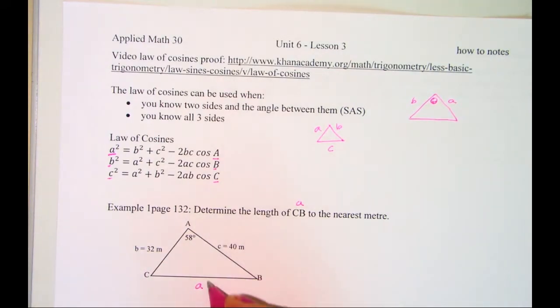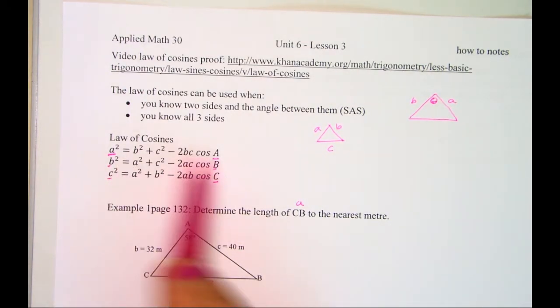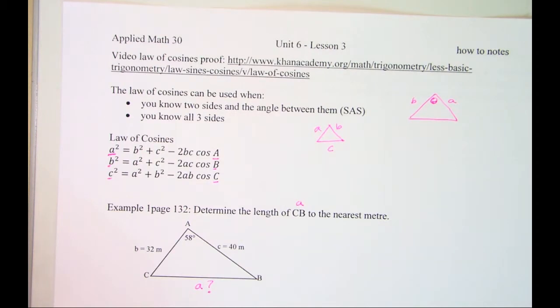So we want to find side A, and we want to use this formula right here because it's for A. So I have A squared equals, and I'm just going to write out the formula. Then you just plug in the numbers and away you go. We'll solve it.